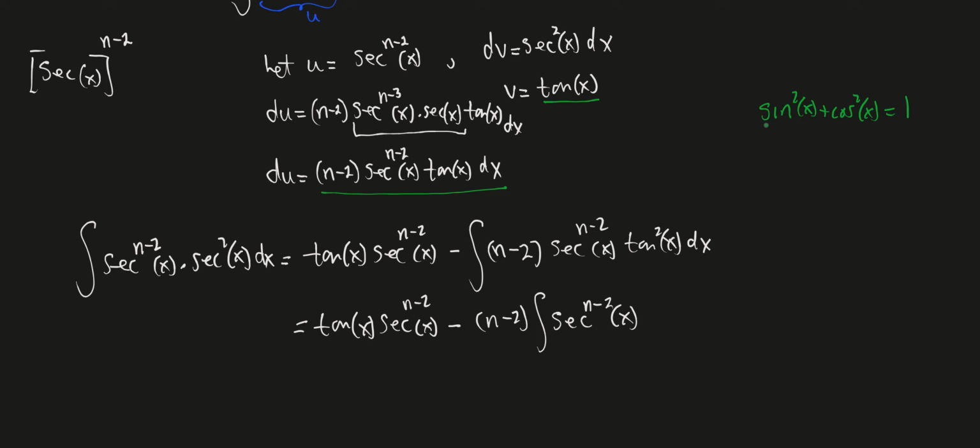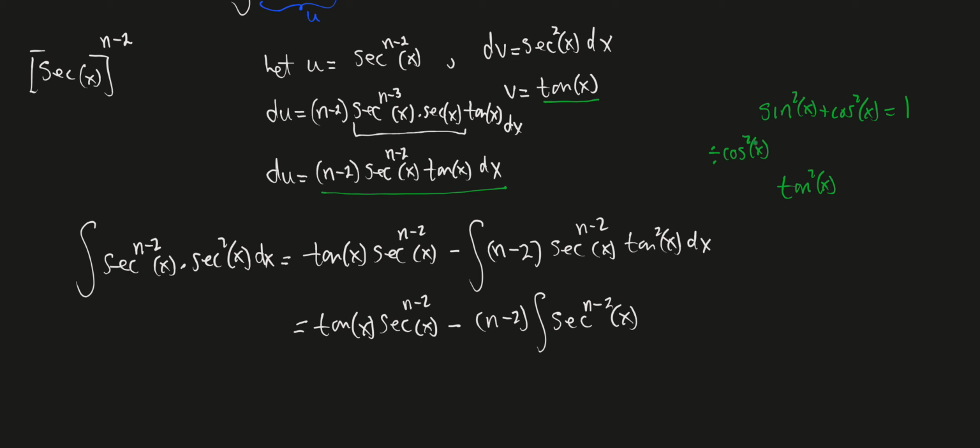If I take this identity and I divide everything by cosine squared, so if I divide each of these three terms by cosine squared, what do I get? Well, sine squared over cosine squared is tangent squared.